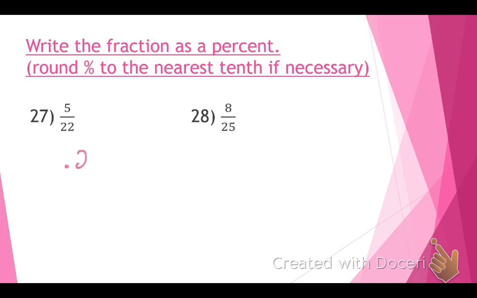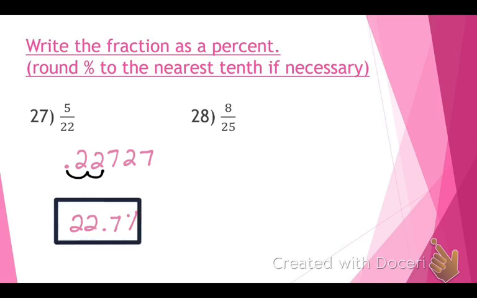Okay, so it looks like this, 0.2, and then just the 27 repeats. So it would keep going 27, 27, 27, all right? Now, what do I need to do with that decimal point? Move it over 2 times, okay? And then, Asia, what do you get? That is correct, because you do have to make sure that you've rounded to the nearest tenth. Nice work.